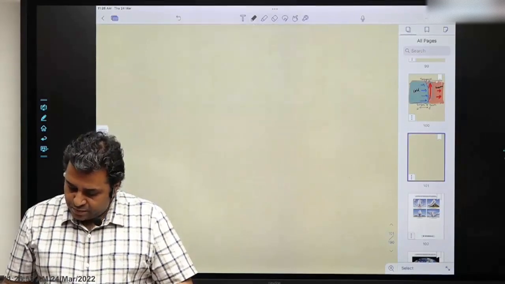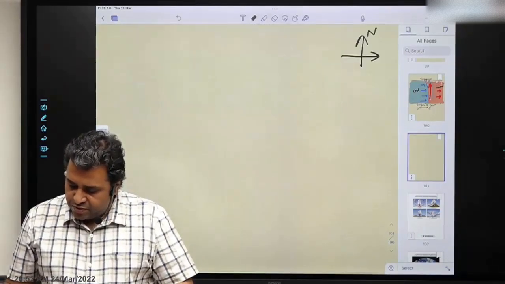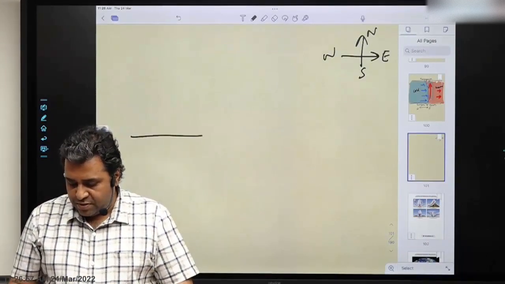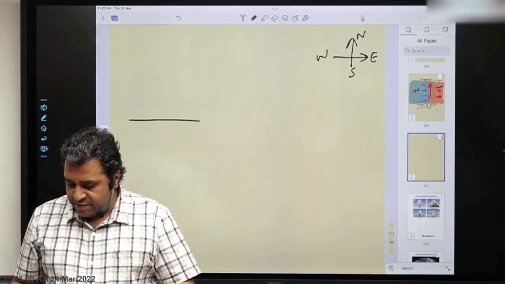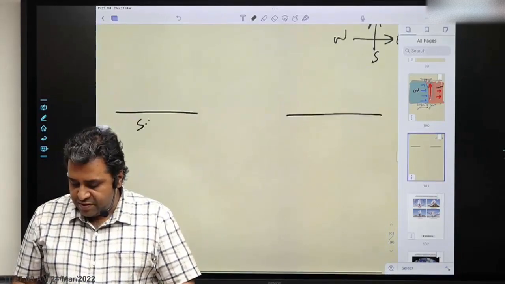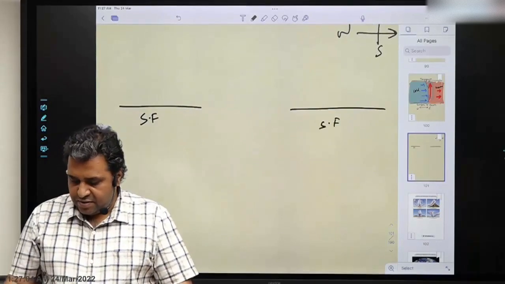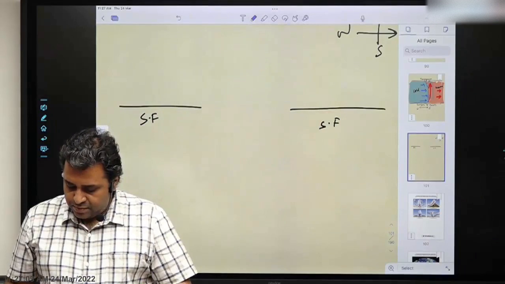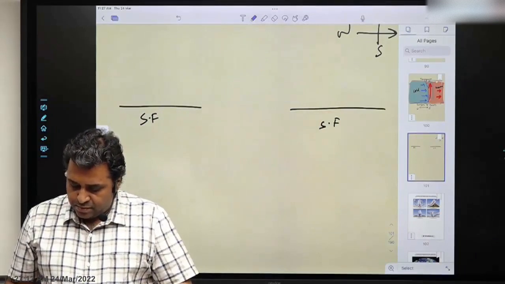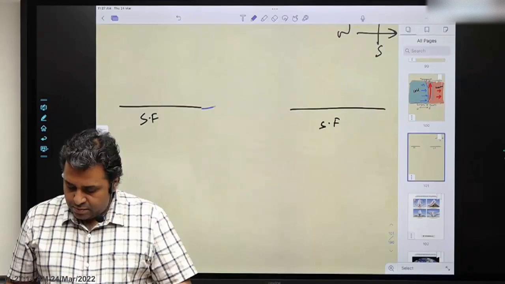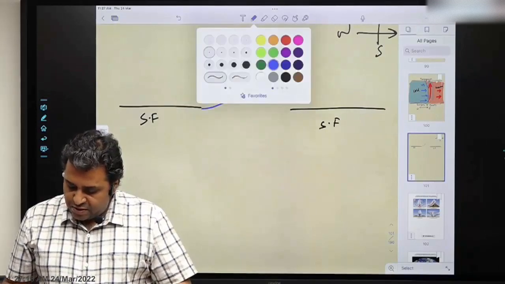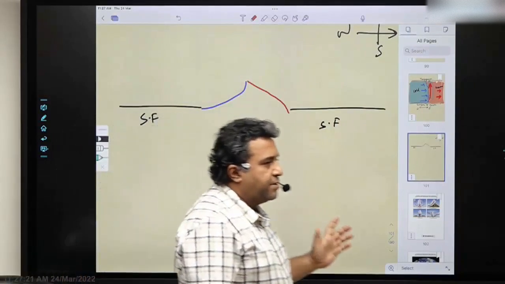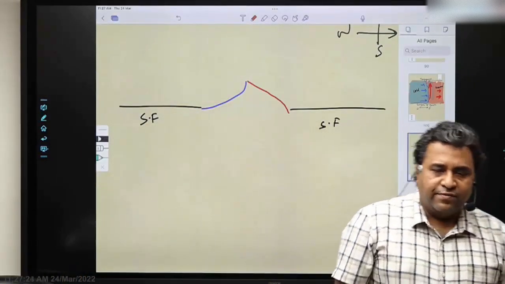So same north south, east west seen from the sky, and suppose this is your stationary front, and in between you have the cold front and the warm front. ऐसा यही पढ़ा है ना अभी तक. And the whole thing is moving in a west to east direction.